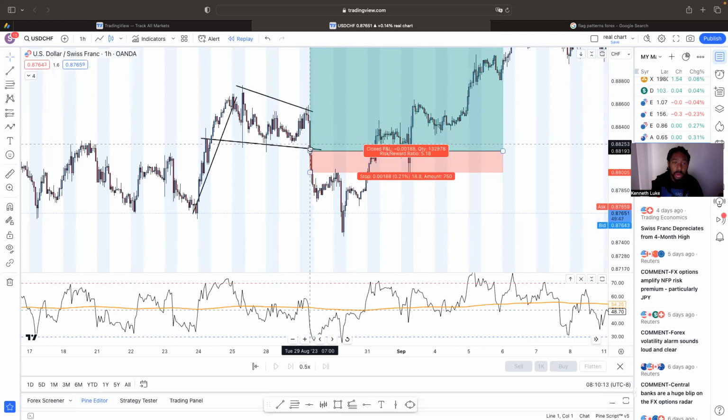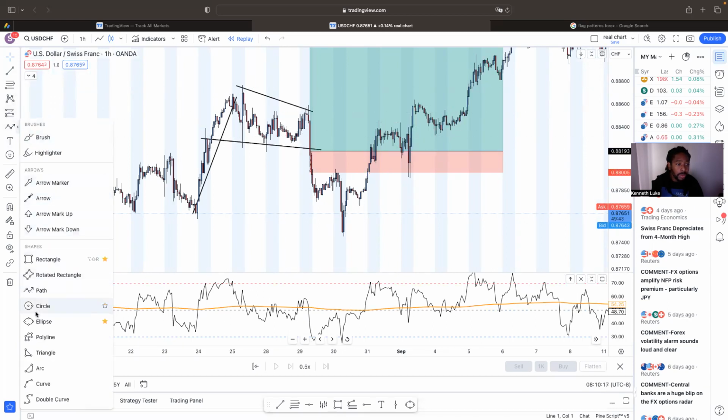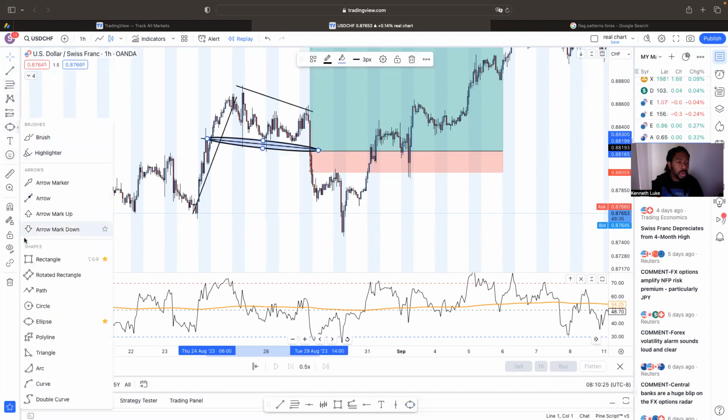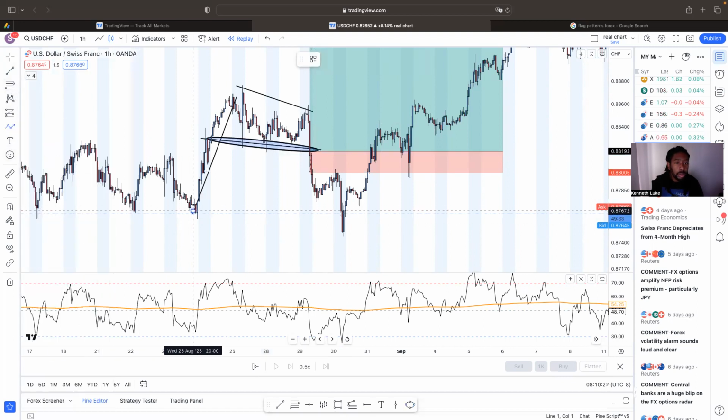Flag pattern. I mean, hey, price gets here, it should bounce off there and continue to go up. That's what it should do, right? It should come here, flag pattern, go boom, boom, boom. Once it got here, you were in.